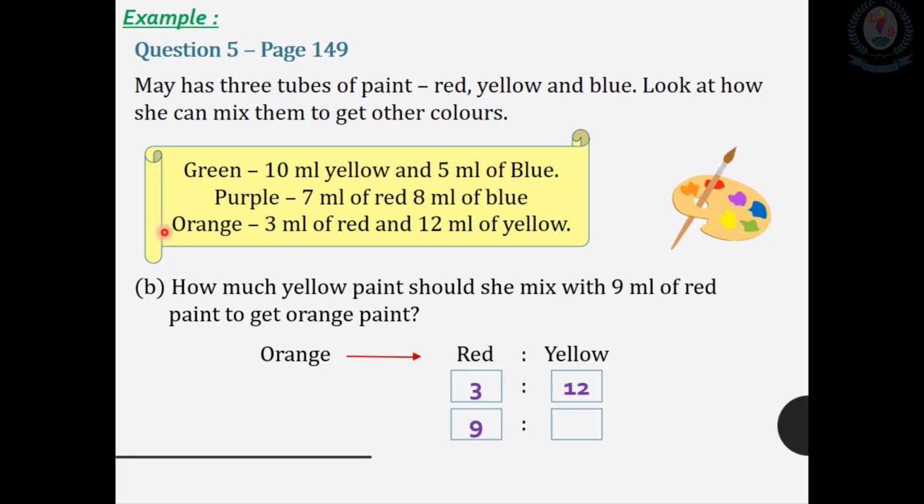Then you can see how the first term of this ratio is changed. 3 has become 9. That means 3 is multiplied by? Yes, it's multiplied by 3. So when we multiply the 12 even by 3, the other answer is 36. So she has to mix 36 milliliters of yellow paint to make the orange color.